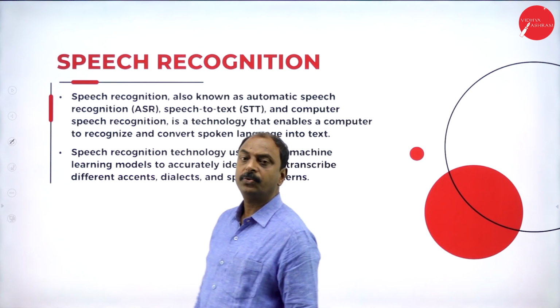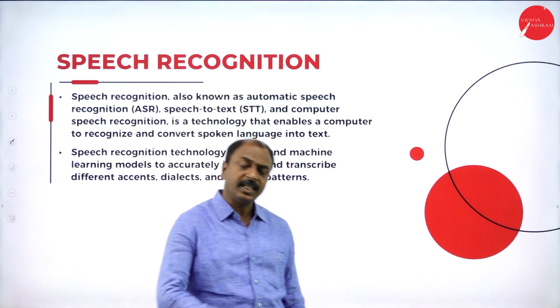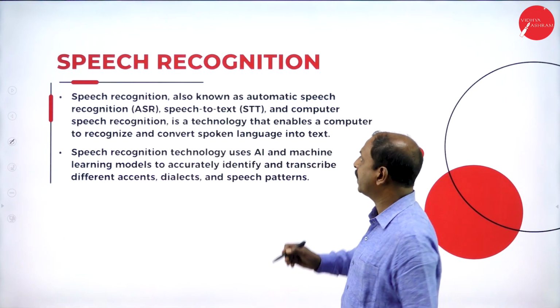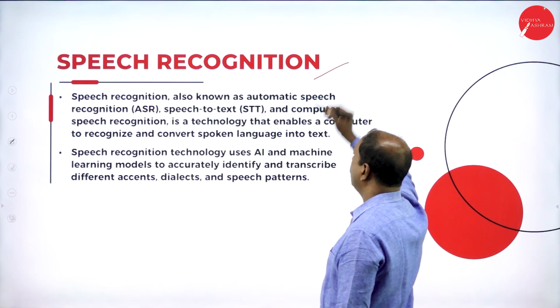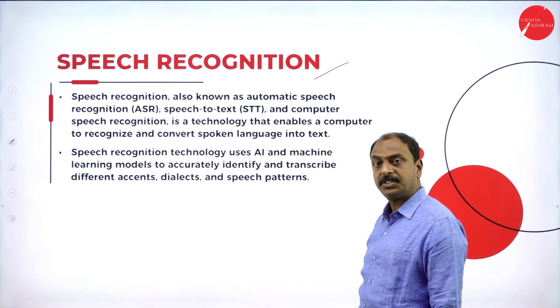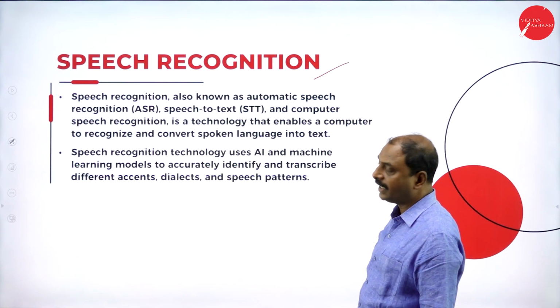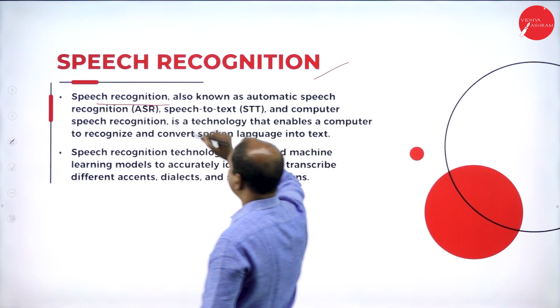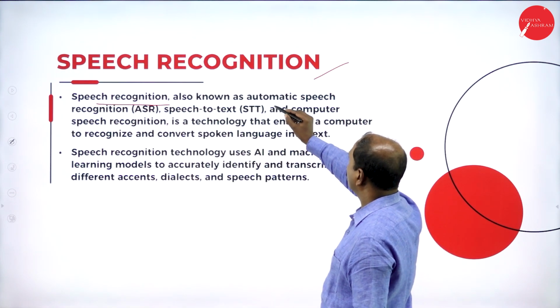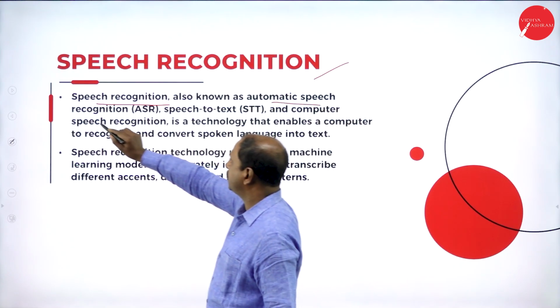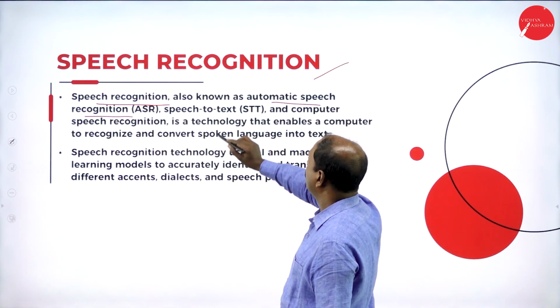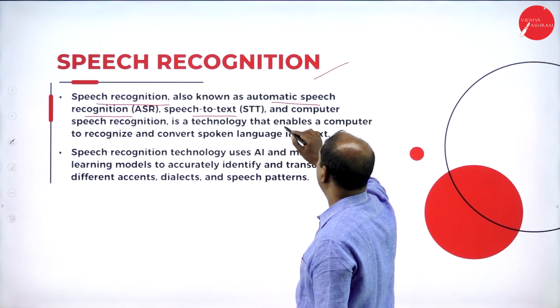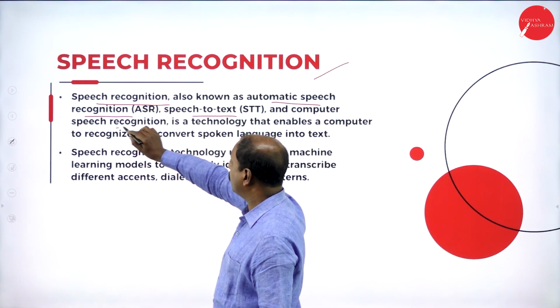Now we'll move on to the next application or next concept, that is speech recognition. This is another application of AI system, or artificial intelligence. What is speech recognition? It is also called automatic speech recognition, ASR, speech to text, and computer speech recognition.